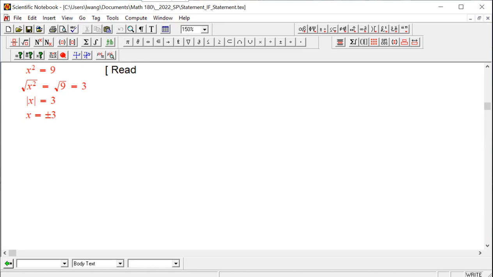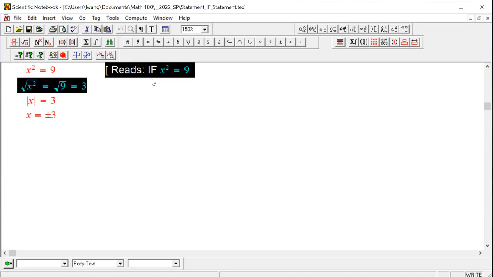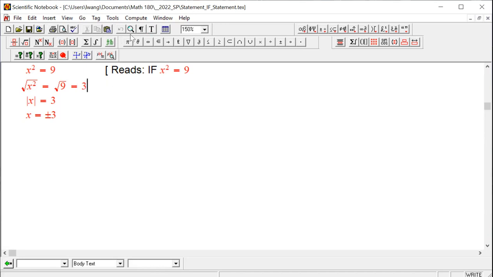Reads if x squared is 9. Okay, be patient with me.